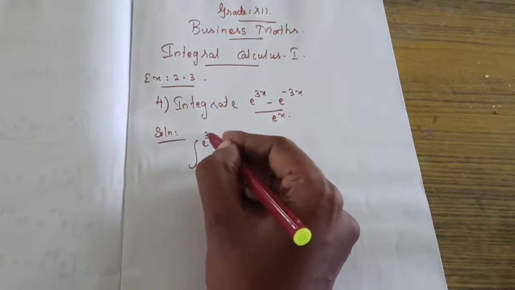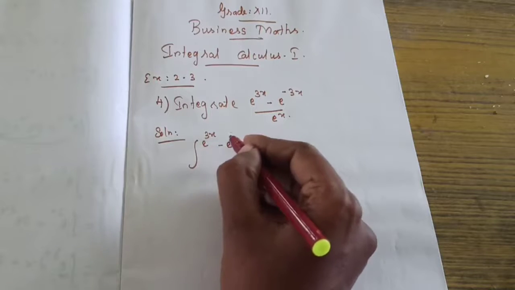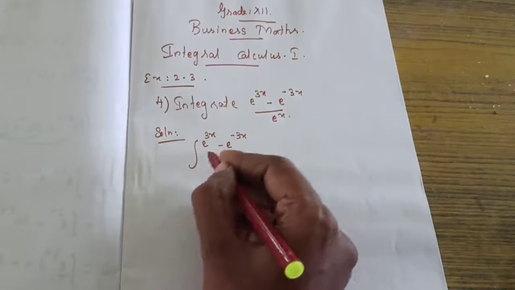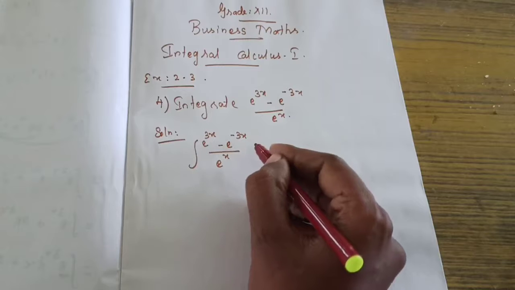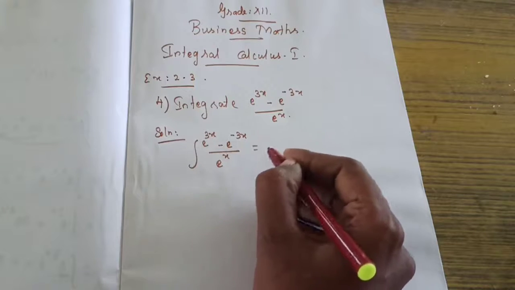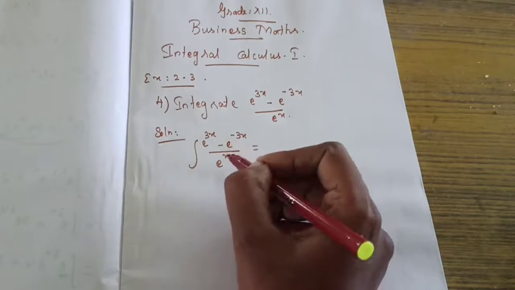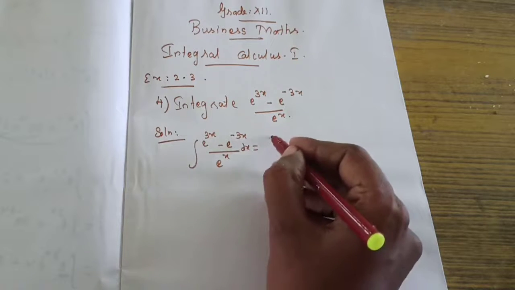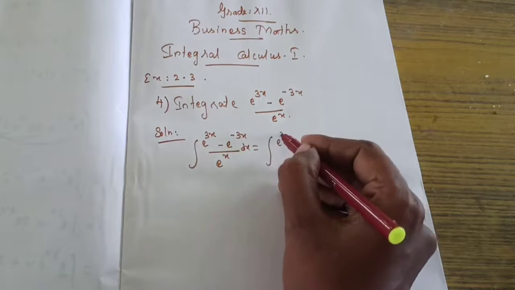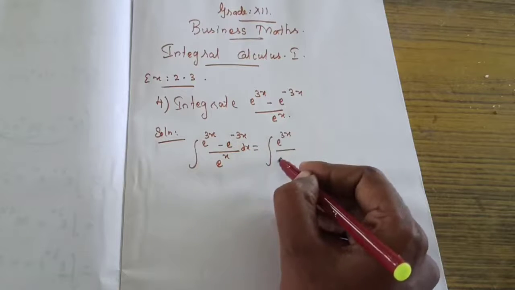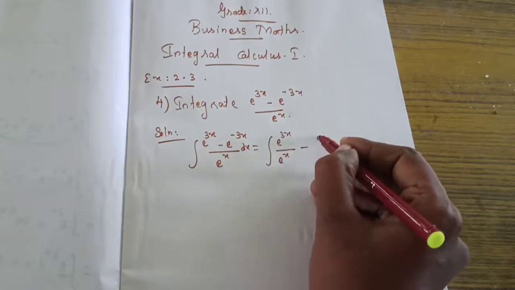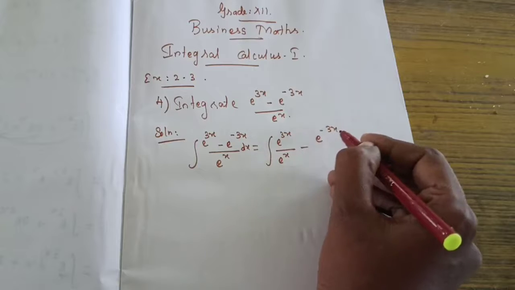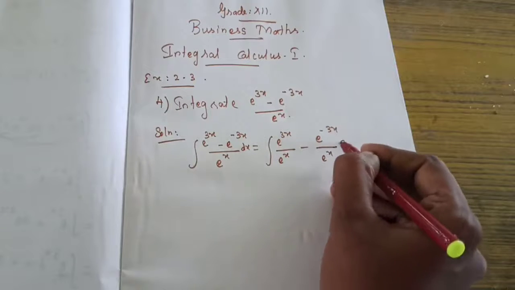Integrate e power 3x minus e power minus 3x divided by e power x dx. We are going to divide each term by e power x. So that is the integral of e power 3x divided by e power x minus e power minus 3x divided by e power x dx.